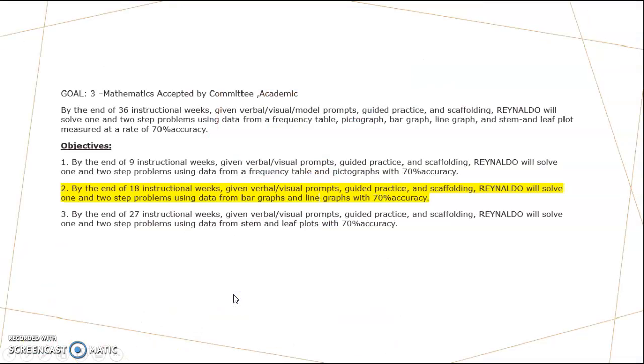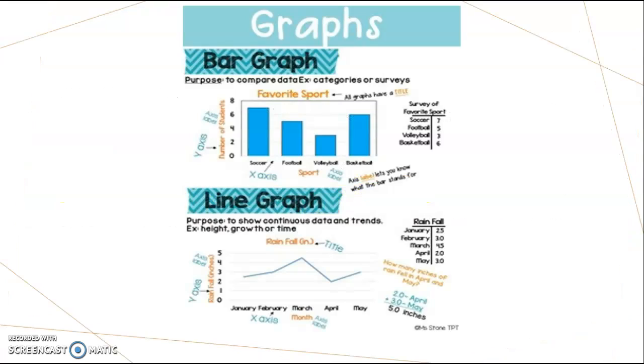So to begin, Ray, we are going to work on goal number 3, and we are going to solve problems using bar graphs or line graphs. As we know, bar graphs are to compare data.